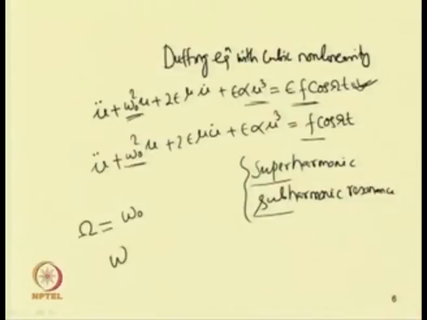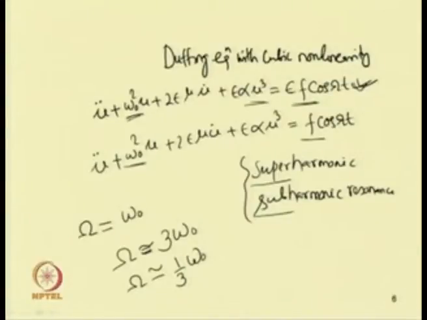So the resonance conditions are like this: the external frequency omega is nearly equal to 3 times omega 0 in one case, and in the second case it is equal to 1/3 omega 0.